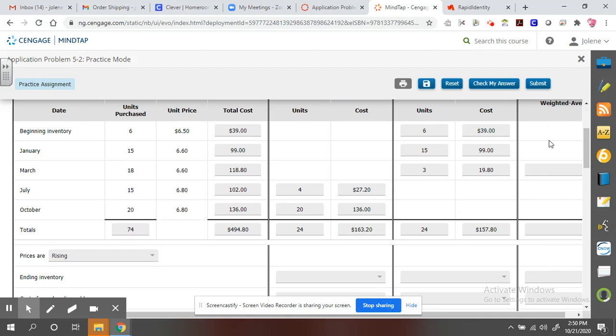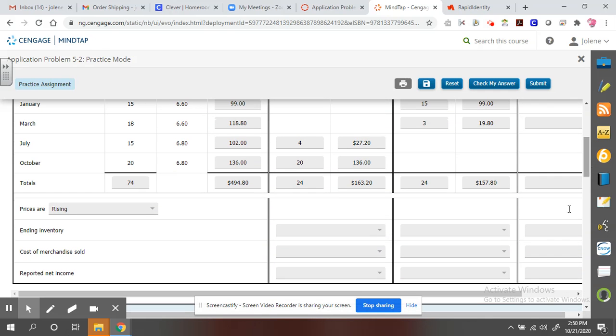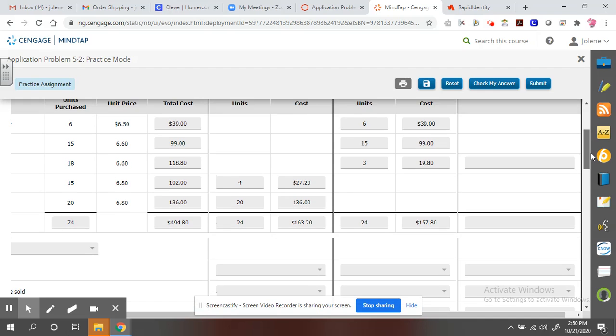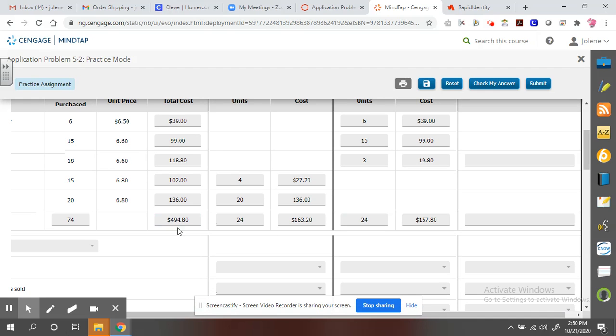Now, this last column over here is weighted average. Well, how do you figure out an average? You take the total and divide it by how many you got. So that's what we're going to do. 494.80 divided by 74 units. Oh, yep, 74 units.